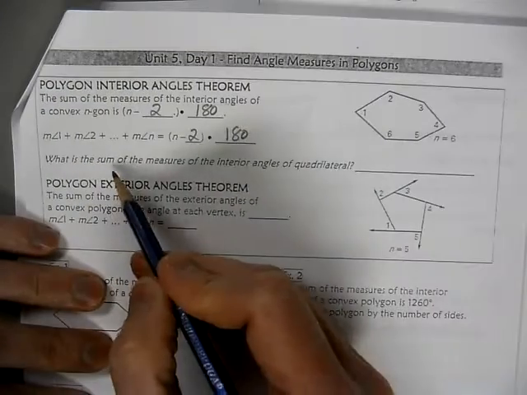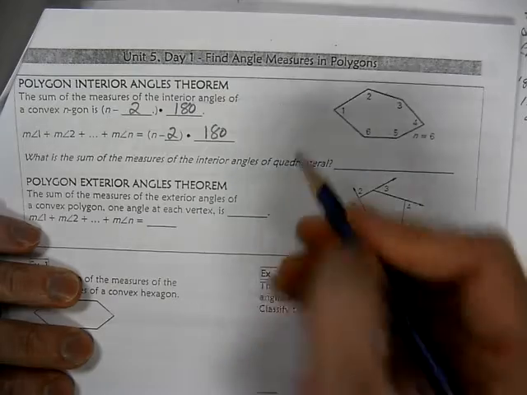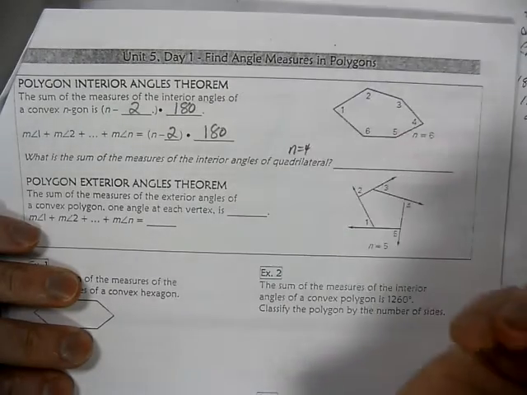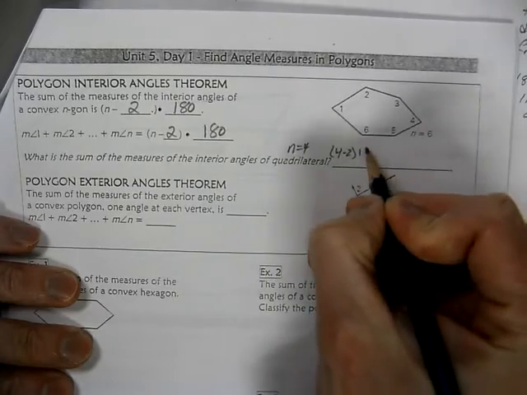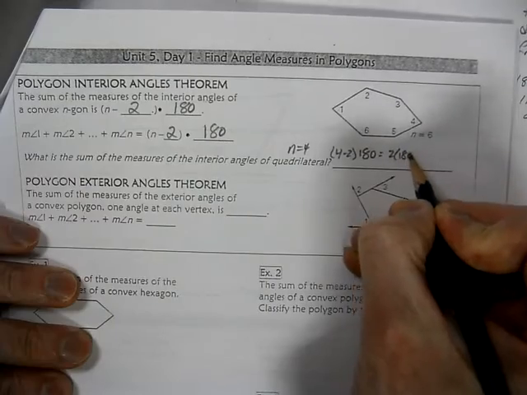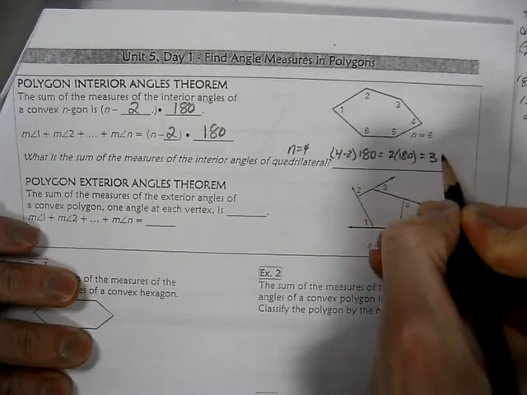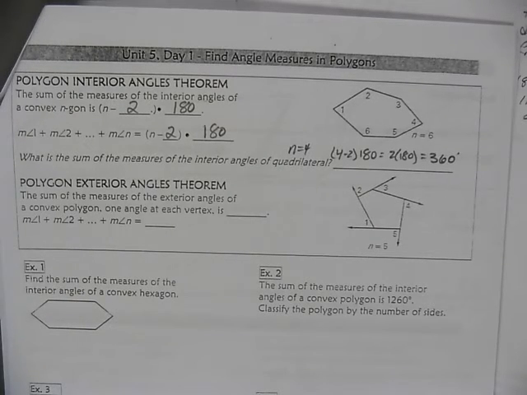So if we're looking for the sum of the measures of the interior angles of a quadrilateral, which is a four-sided shape, we would say that's 4 minus 2 times 180. So that's 2 times 180, that's 360 degrees for the sum of the interior angles of every quadrilateral.